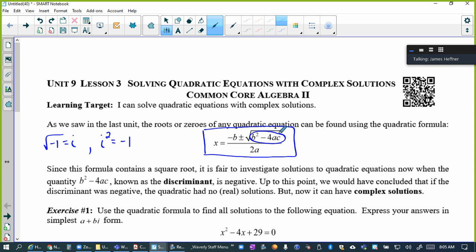And before today, if that discriminant, the b squared minus 4ac, after you plug stuff in, was negative, what happened? Well, look at the b squared minus 4ac. What is it under?